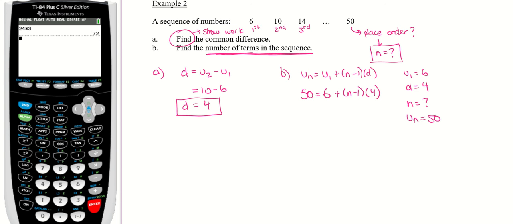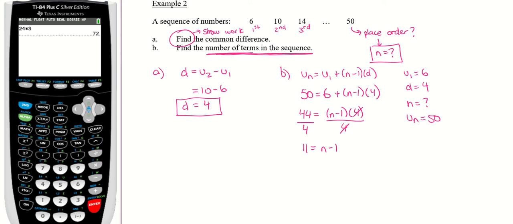So whenever you're solving, you kind of want to work from the outside in. So I'm going to get rid of the 6 first, which means I'm going to subtract it from both sides and get 44. And then what I can do is I could distribute the 4. I could also just divide by 4, because 4 divided by 4 is 1. Do the same to the other side.